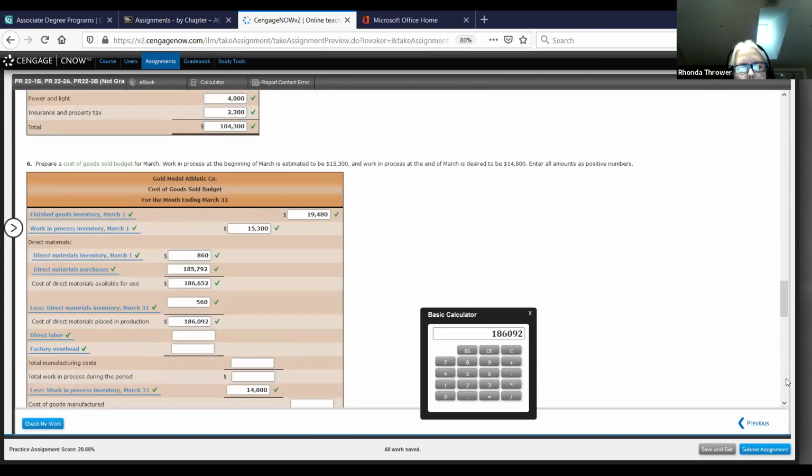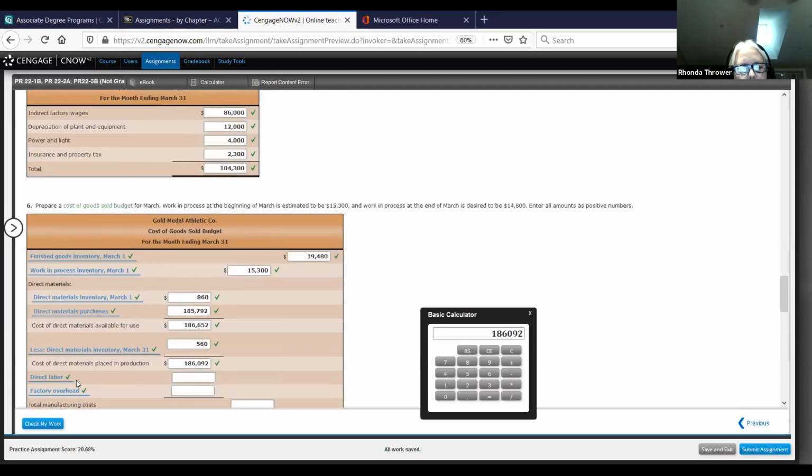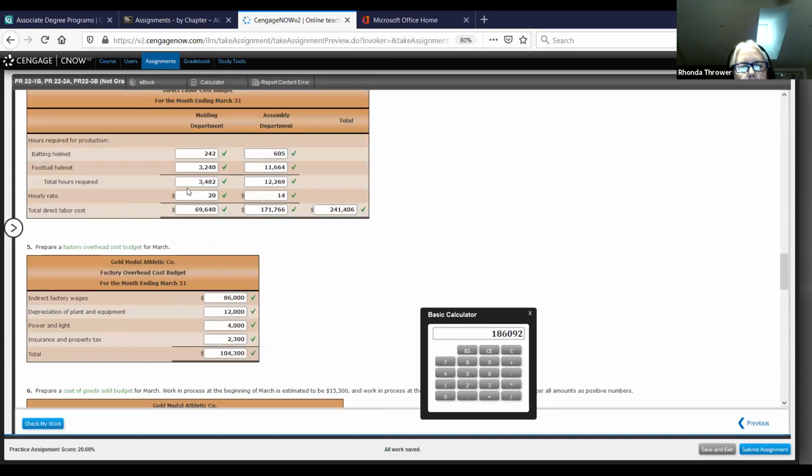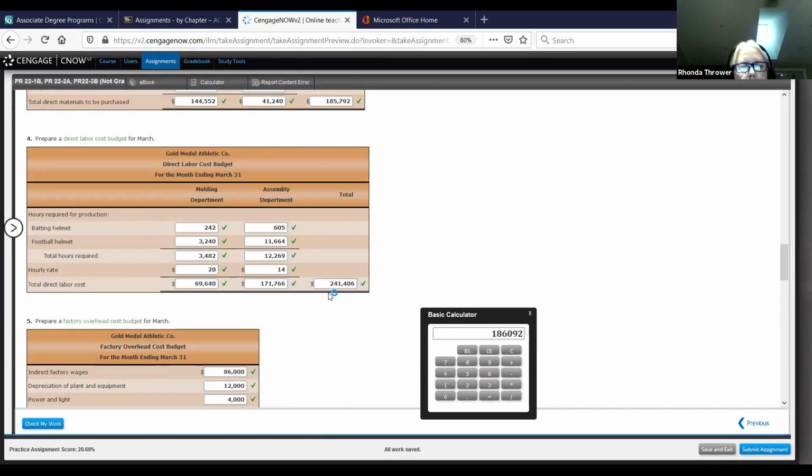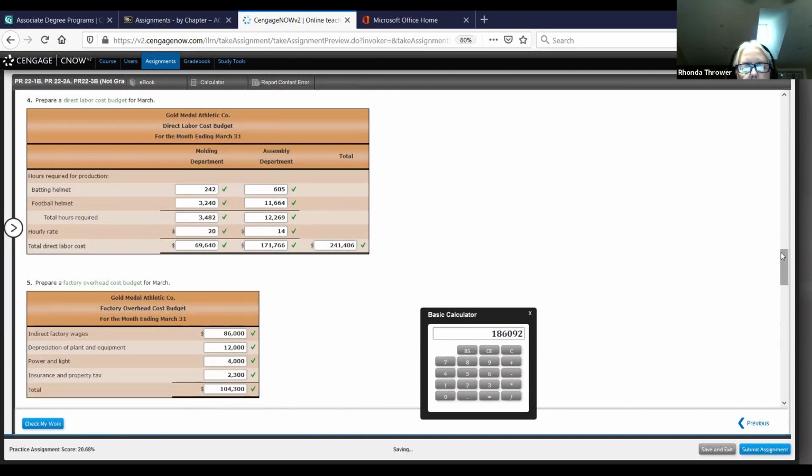All right. So the next thing we need is our direct labor. Our direct labor comes from our direct labor cost budget that we've already prepared. Our direct labor cost budget said that we had total direct labor of 241,406.